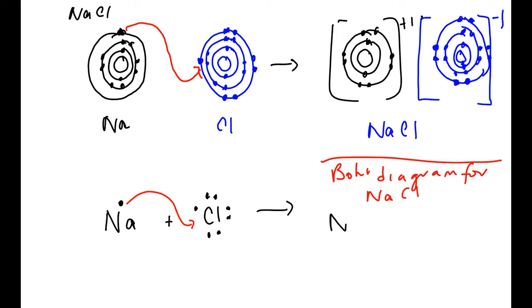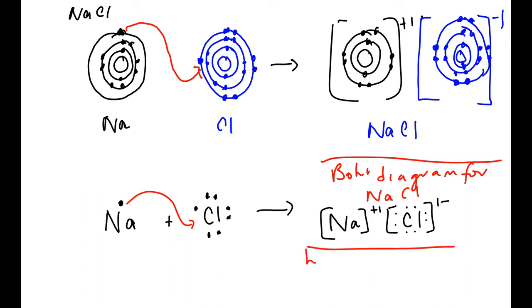Our Lewis structure for sodium chloride: sodium has no dots because it doesn't have any valence electrons anymore. Chlorine has got 8 because it picked it up. So the whole thing is using Lewis dot structures to show the formation of sodium chloride. The product is the Lewis structure for sodium chloride.